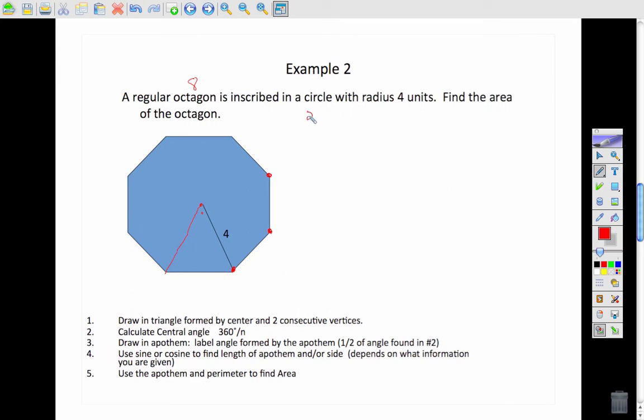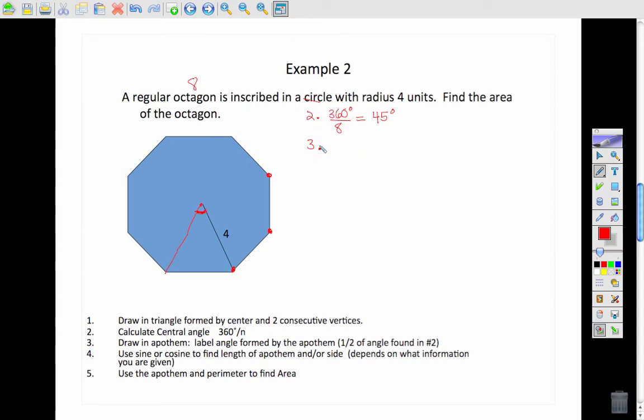So in order to find the central angle, step 2 here, I'm going to take 360 degrees, because that's all the way around, and divide it by 8, because that's the number of triangles we would form if we kept drawing in all the radii. So when I do that, I get 45 degrees. That means this angle right here would be 45 degrees.